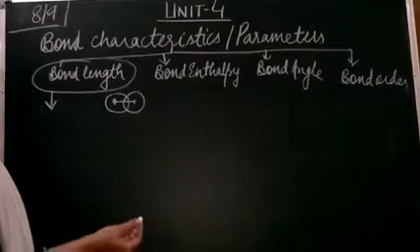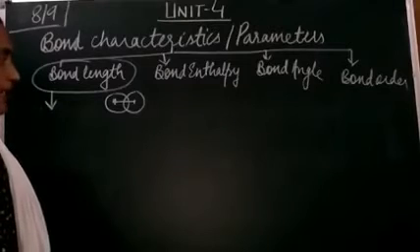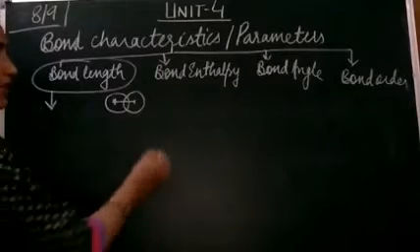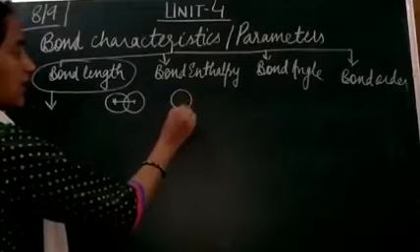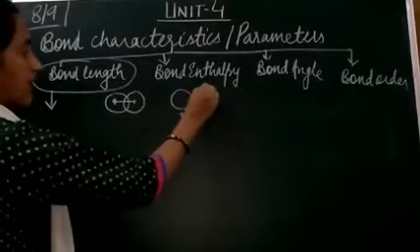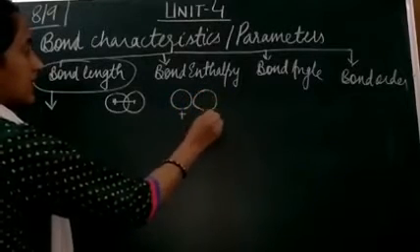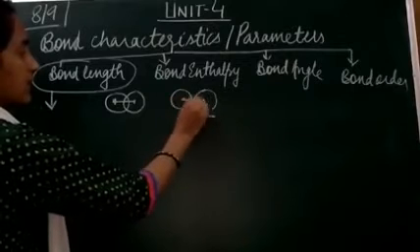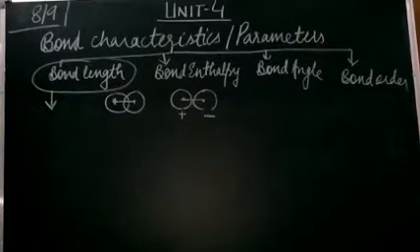And if an ionic bond is formed, and this is a positive ion and this is the negative ion, then again this is going to be the bond length, right students?